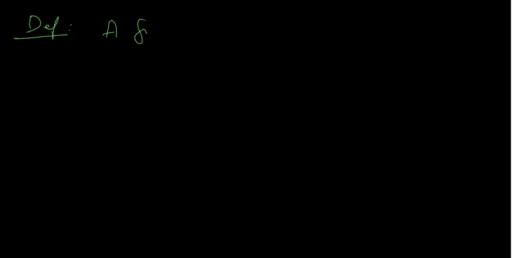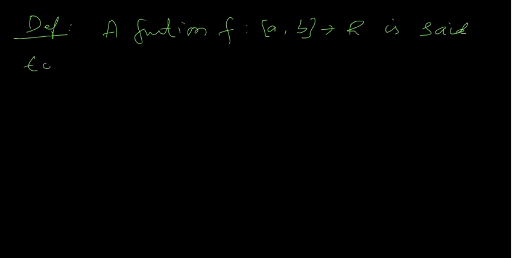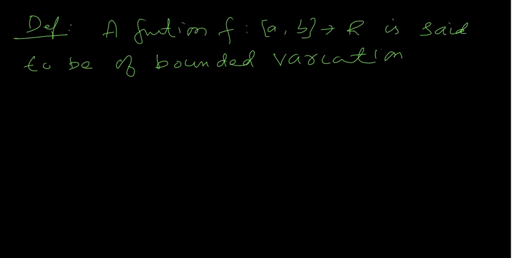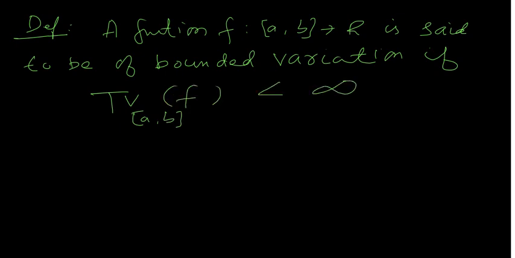A function f from the closed interval [a, b] to R is said to be of bounded variation if the total variation over the interval [a, b] of the function f is finite, or you can say the supremum of the variations.